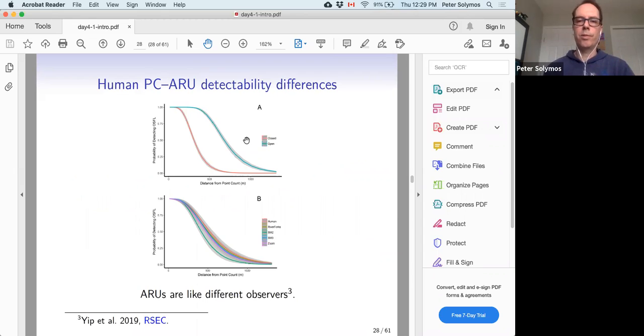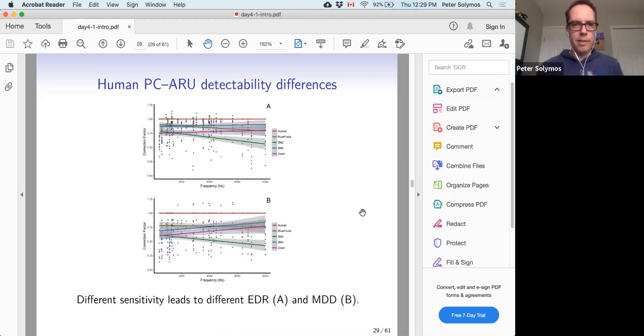The same applies across different observers with different abilities. So you can look at open and closed environments, how the detection function might be different, and then also across different units, like humans and different kinds of equipment, SM2, SM3, other types of units, and you see slight variation in the detection functions, and as a result, the corresponding effective area sampled.